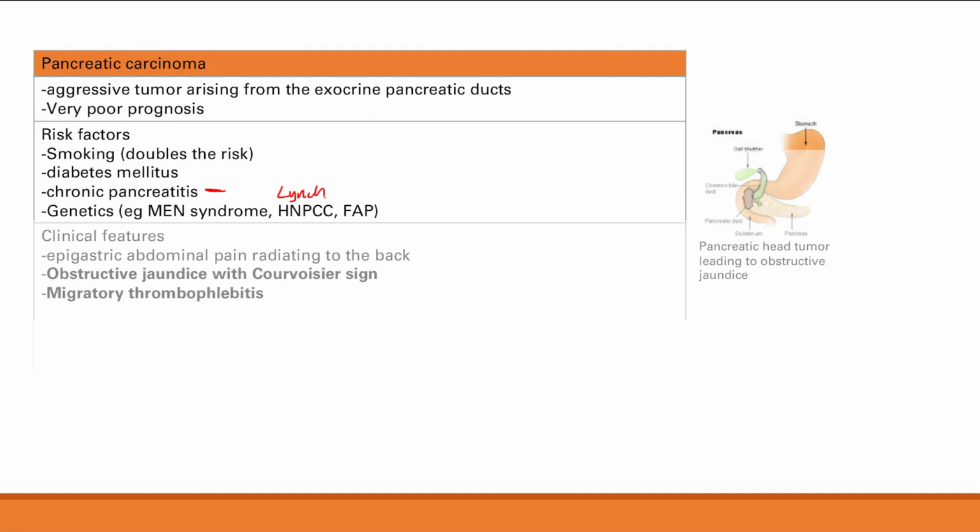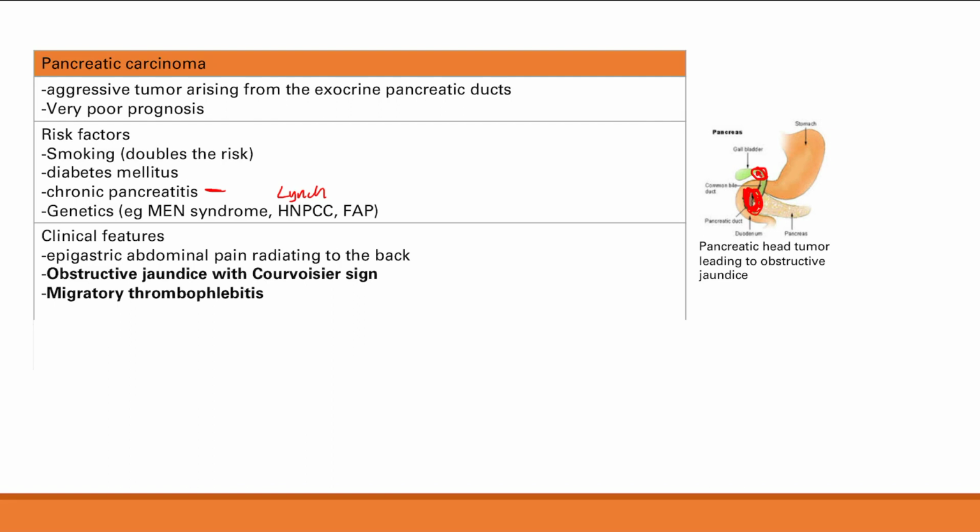And what was that sign? It was jaundice with a non-tender palpable gallbladder. Okay, that tells you there's something obstructing these bile ducts. There's a tumor obstructing these bile ducts. Either it's a gallbladder tumor obstructing the ducts here, or it's a pancreatic tumor at the head of the pancreas. The head of the pancreas is this side, and it's going to block the bile duct, and you're going to have blockage of bile flow, and you get this Courvoisier sign.